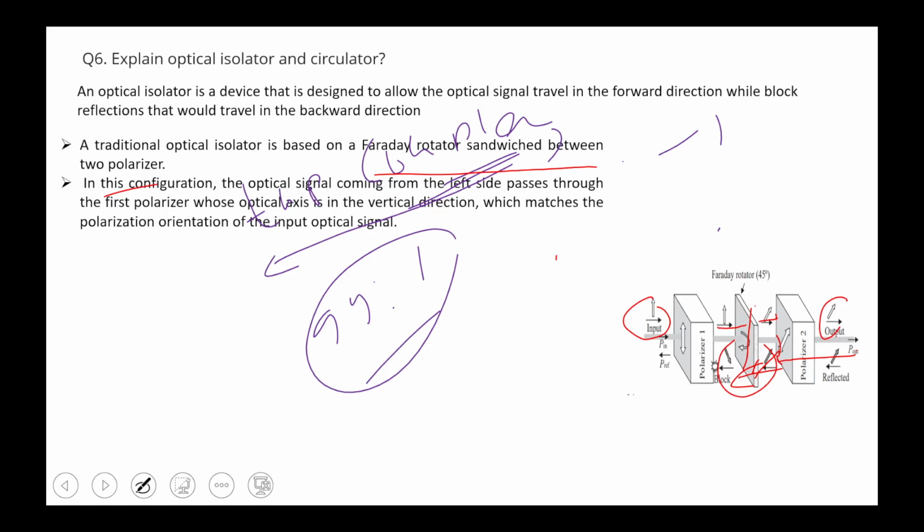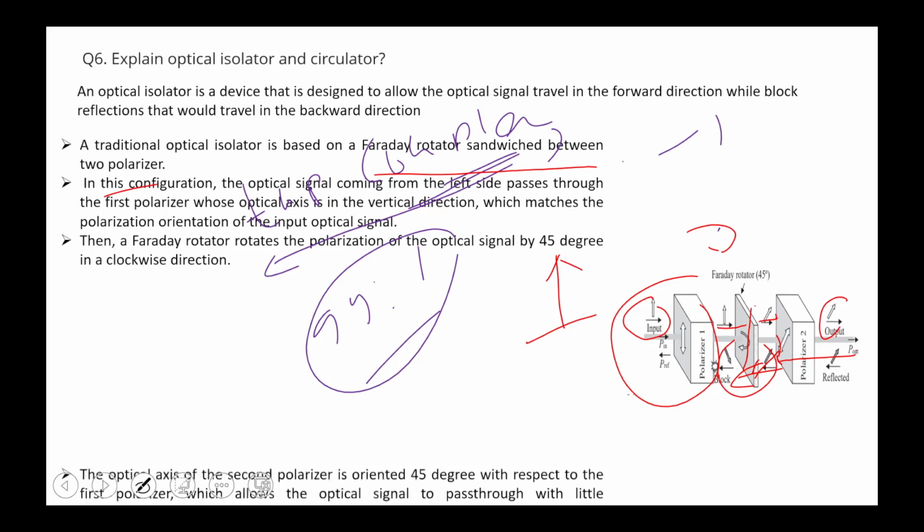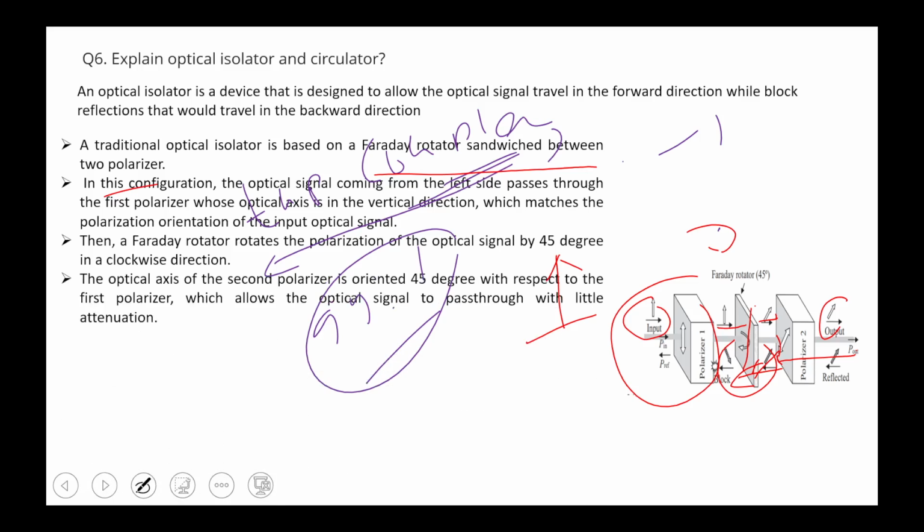So it will polarize the signal in the vertical direction, matching the polarization orientation of the input signal. Then the Faraday rotator rotates the polarization of the optical signal by 45 degrees in the clockwise direction. The optical axis of the second polarizer is oriented 45 degrees with respect to the first polarizer, which allows the optical signal to pass through with little attenuation.